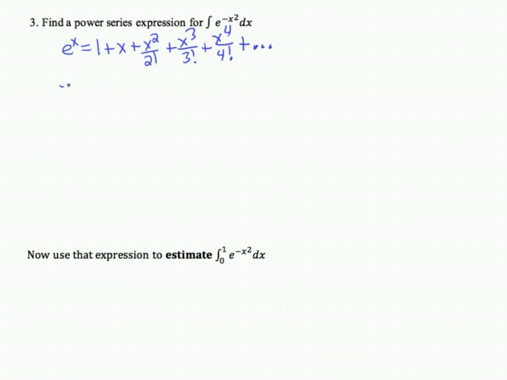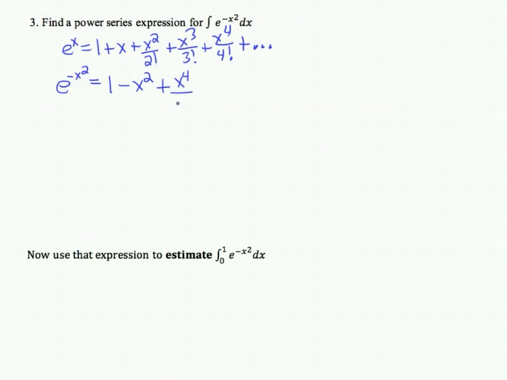So then we're going to plug in negative x squared for all the x's. That's going to be 1 minus x squared here. Then when we put negative x squared in for this squared, it's going to turn to positive x to the 4th.